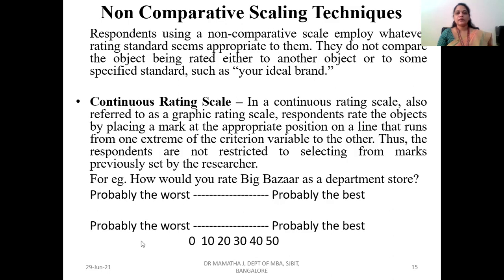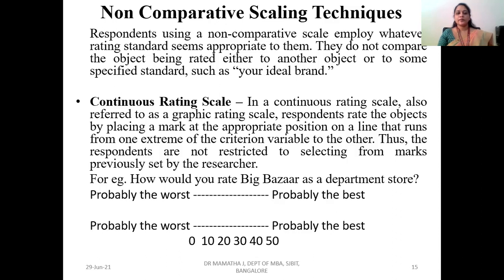The continuous rating scale is also referred to as the graphic rating scale. Respondents rate the objects by placing a mark at the appropriate position on a line that runs from one extreme of the criterion variable to the other. Thus the respondents are not restricted to selecting from marks previously set by the researcher.